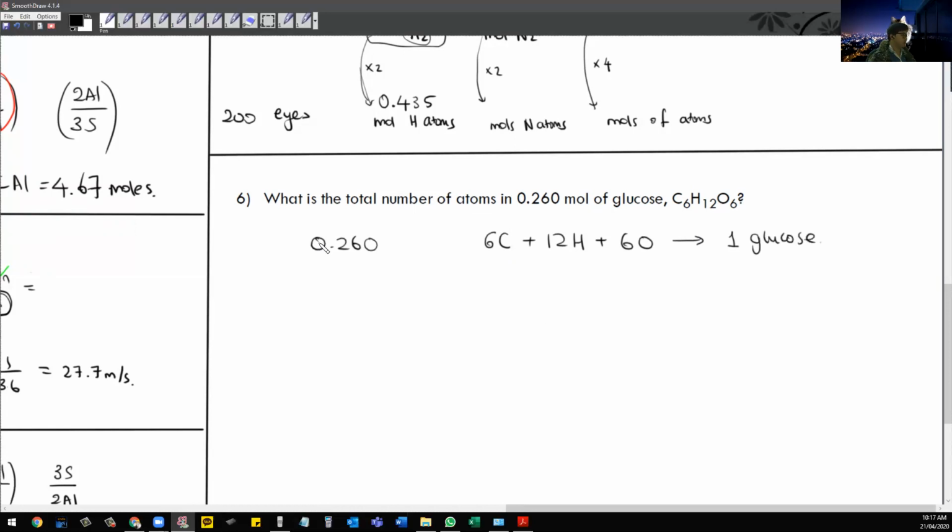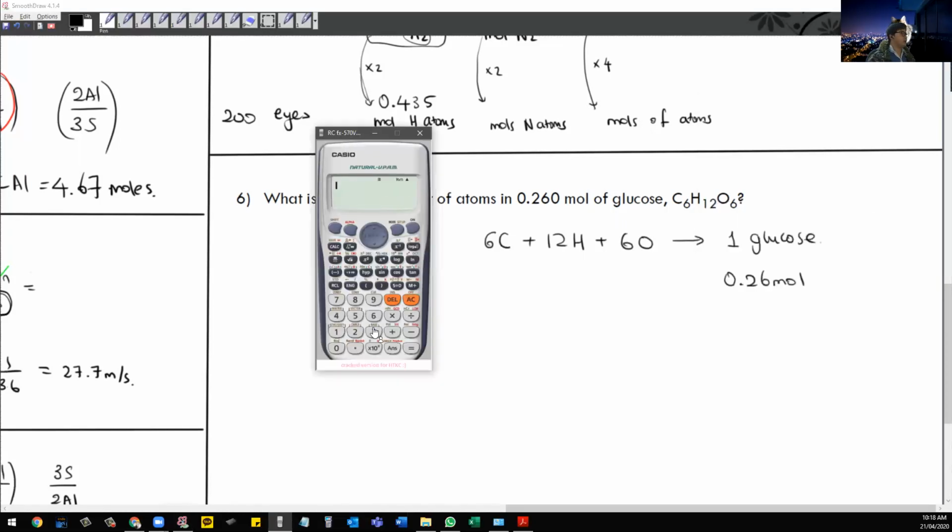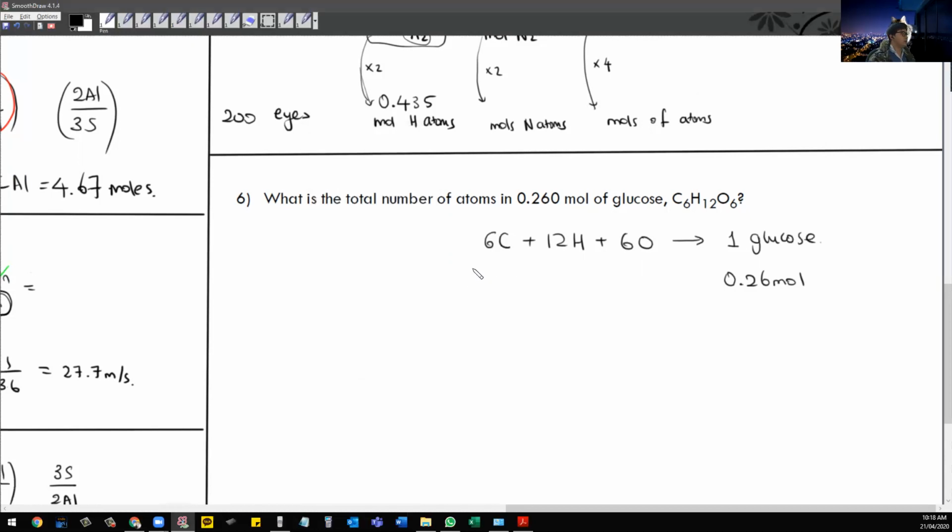So what you have is, this is another way of doing it: 0.26 mole times 6 times 12 times 6, right? So you have 0.26 times 6. Then you get 1.56.